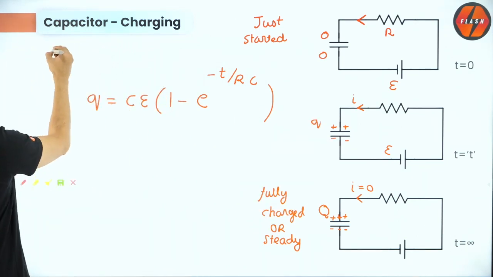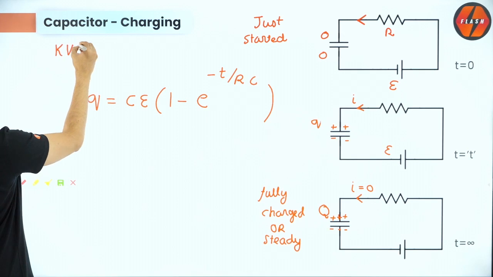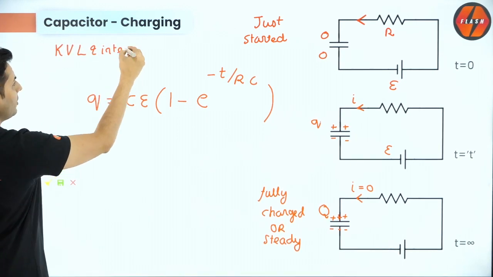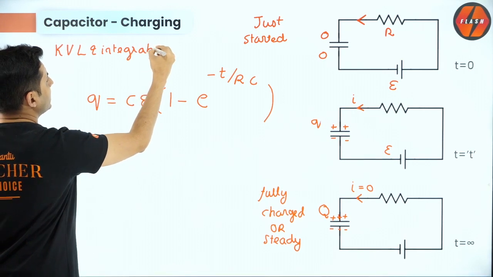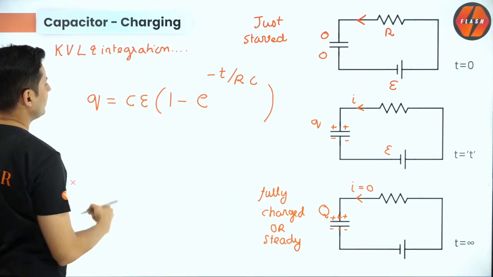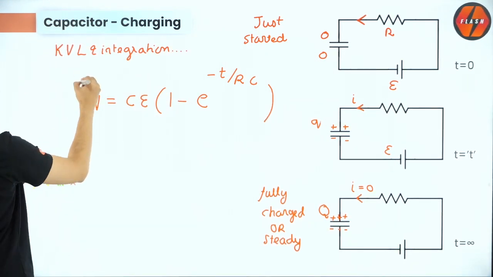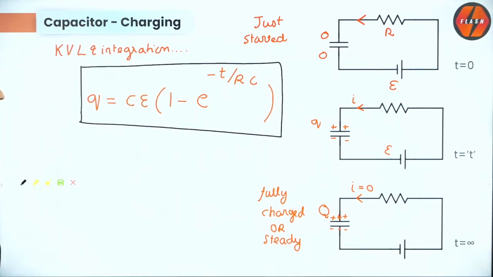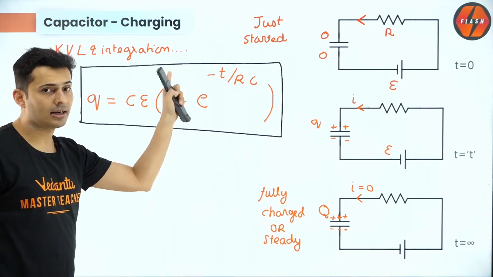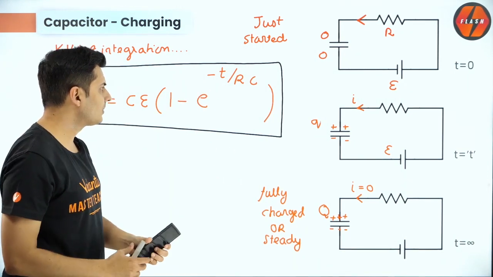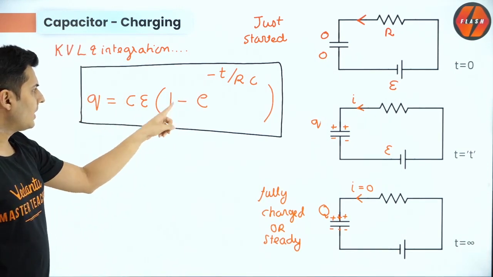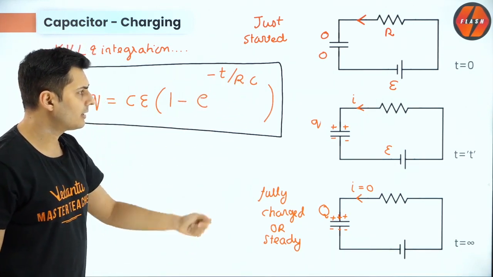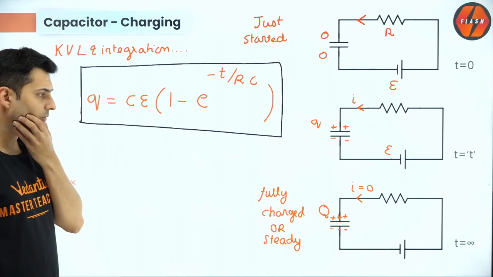The way to derive it is using KVL and integration: Kirchhoff's voltage law and then integration gives us this result. Very important formula, you should remember this. e is that value 2.72. C is the capacitance, E is the EMF, t is the time, R is the resistance, and C is again the capacitance. This is a very important formula.